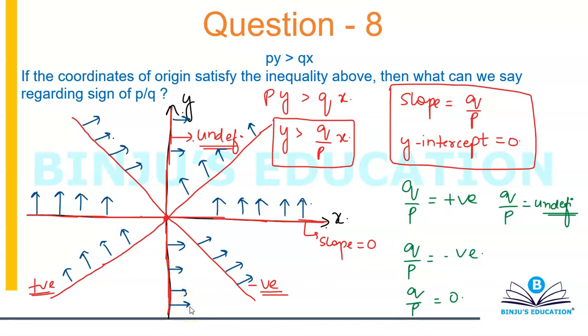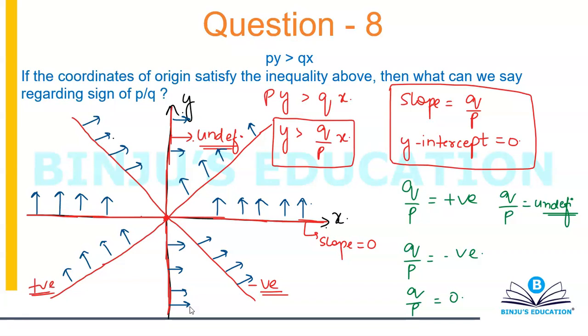Now the question is, do the coordinates of the origin satisfy it? Observe carefully, and you would realize that all the 4 lines are passing through the origin. Or in other terms, the coordinates of the origin lie on the line.